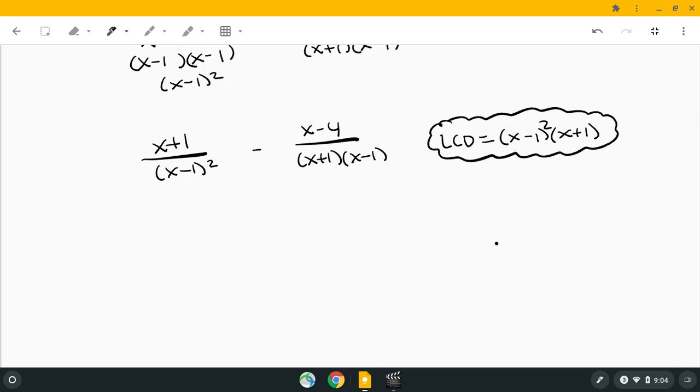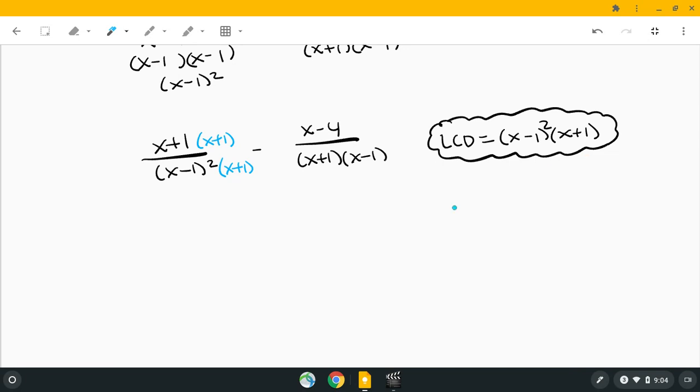All right, so let's take a look at the first one and figure out what we need to multiply it by. We want our denominators to look like this, x minus 1 squared, x plus 1. This only says x minus 1 squared. So we need to multiply by x plus 1 over itself.